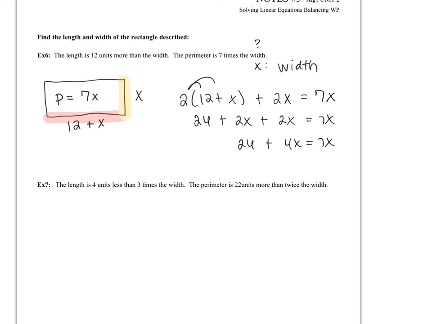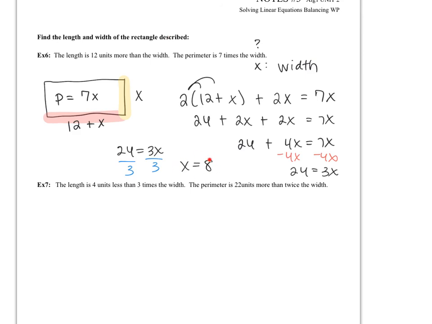And then now I'm ready to solve, so I can subtract 4x from both sides, which would be 24 equals 3x. I'll just write that over here so I have a little bit of room. And then I can divide both sides by 3, which means my x value would be 8. Now again, I'm going to go back to my original question, which said to find the length and the width of the rectangle described.